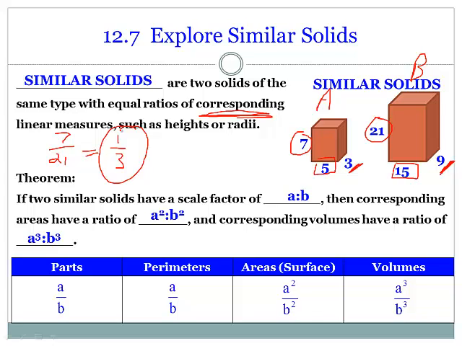And remember, I said we'd get back to volume. Well, here we are. Volumes are cubed. If you're comparing parts to volumes, then you have to cube to make them the same.